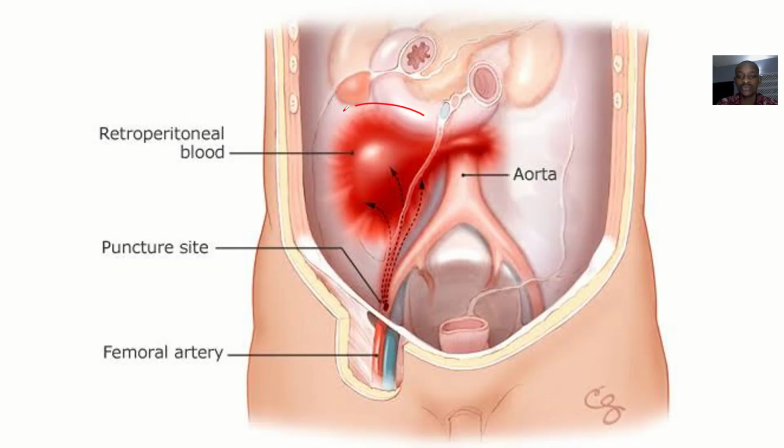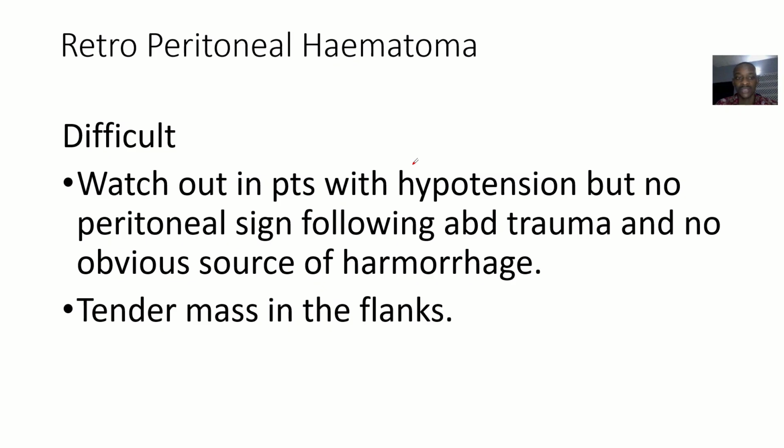So you can see this is what? Retroperitoneal blood. For retroperitoneal hematoma, it's actually difficult to diagnose, but watch out in patients with hypotension but no retroperitoneal sign, following abdominal pressure, and no abdominal trauma, and no obvious source of hemorrhage.